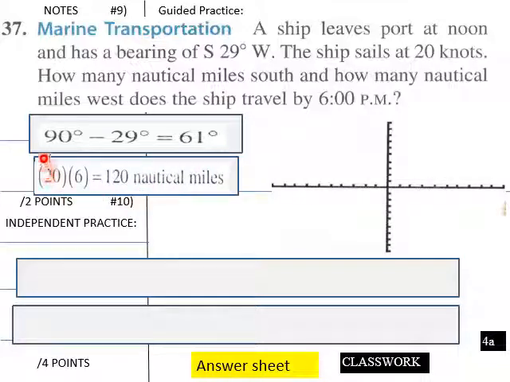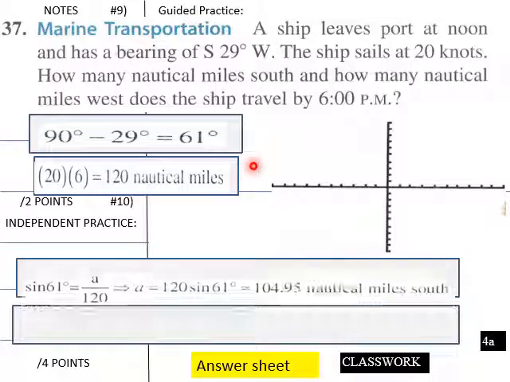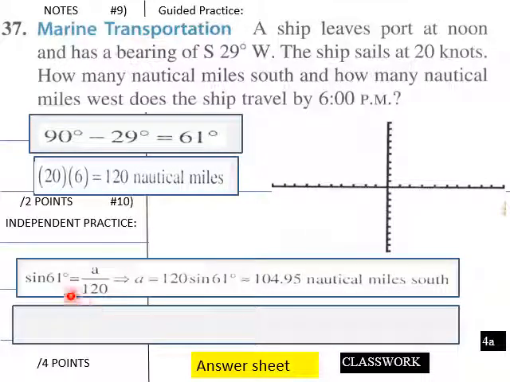So 20 times 6 would be 120 nautical miles. We know the distance of that travel. And so sine 61, we know our distance here, is sine, which this would be our hypotenuse here of our triangle, A over 120.